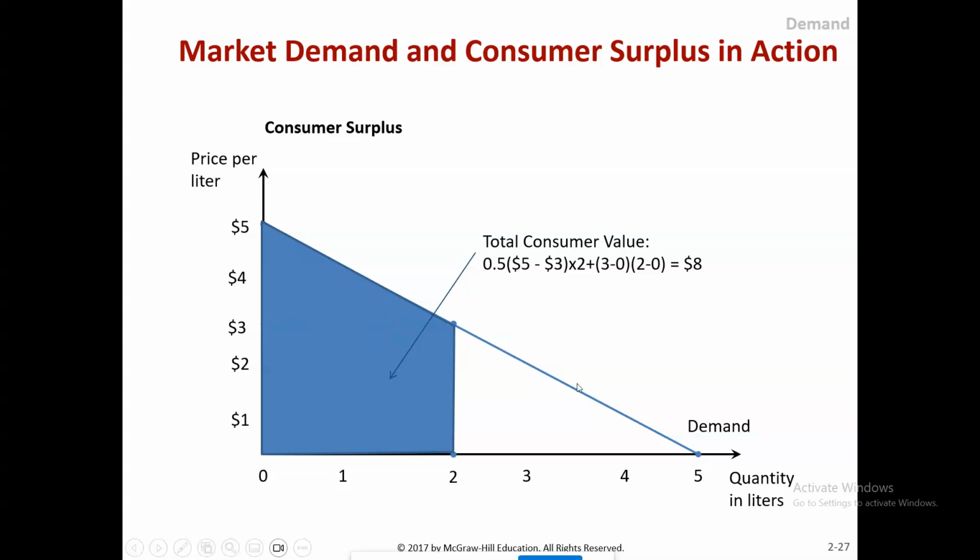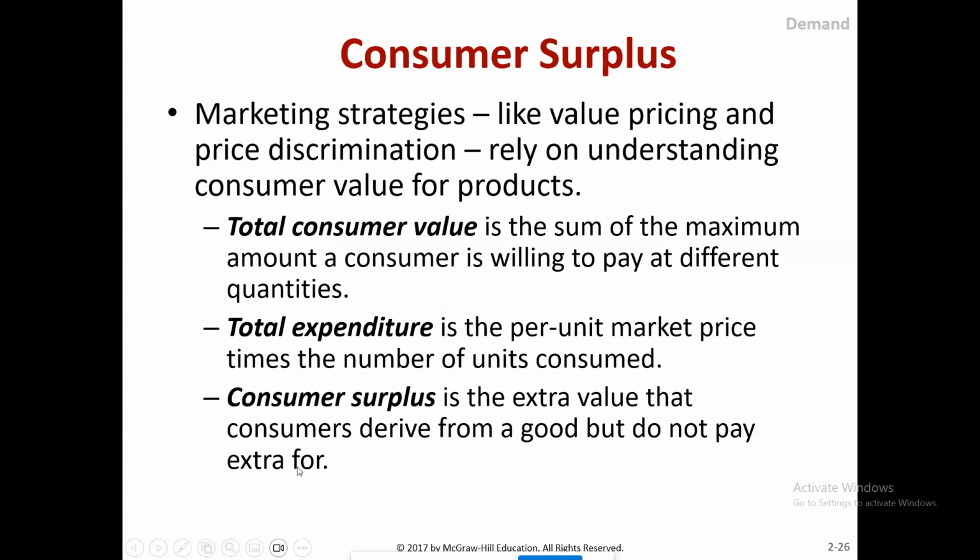Consumers want to purchase more at a lower price down here, but those products are not offered because the equilibrium price is 3. Those consumers cannot afford one. They want to pay a lower price, but not $3. So this trapezoid area is total consumer value.